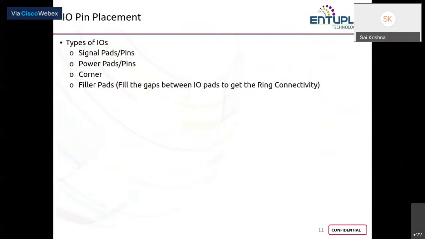So in floor plan, once you are done with your aspect ratio, utilization, and core to IO boundaries, you then come to IO pin placement. IO pins could relate to your signals or to your power, or they could be just some dummy cells to fill the gaps that we have seen earlier.